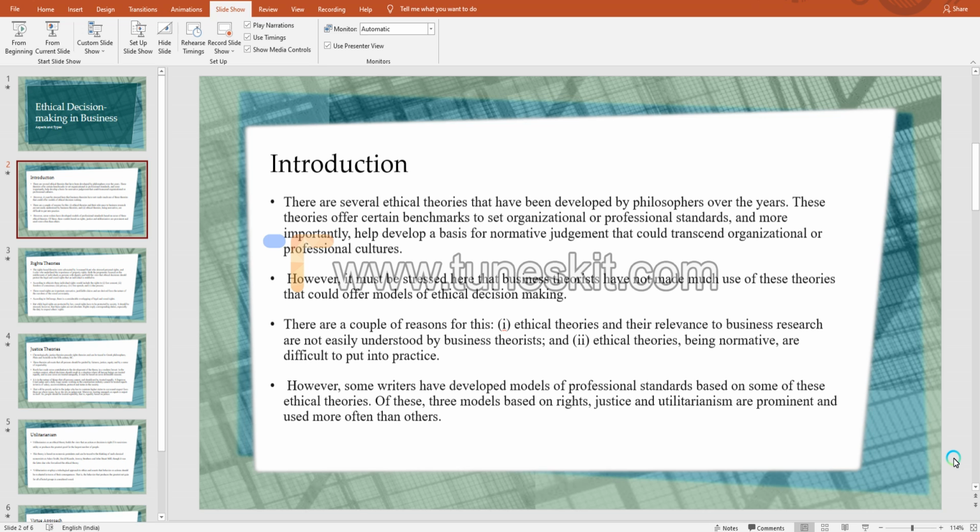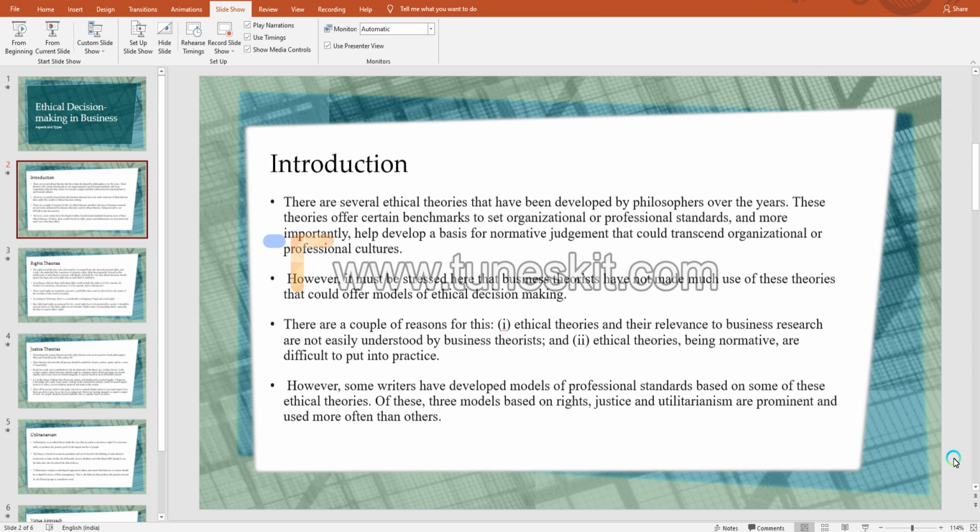The next point is that some writers have developed models of professional standards based on some of these ethical theories. Of these, there are three models based on rights, justice, and utilitarianism. They are the prominent ones and are often used more than other aspects.